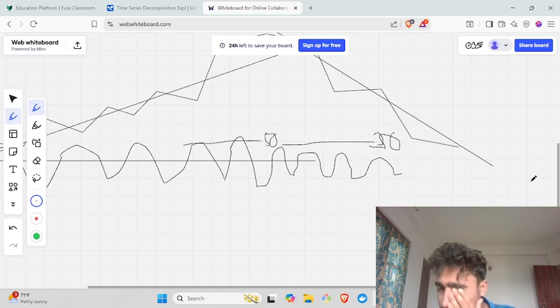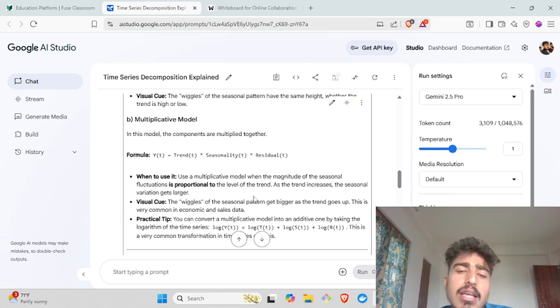I think that was not a good example, but according to the definition, the magnitude of seasonal fluctuations and the level of trend are proportionally related. An increase in trend also increases the seasonal variation. In this case we use the multiplicative model.